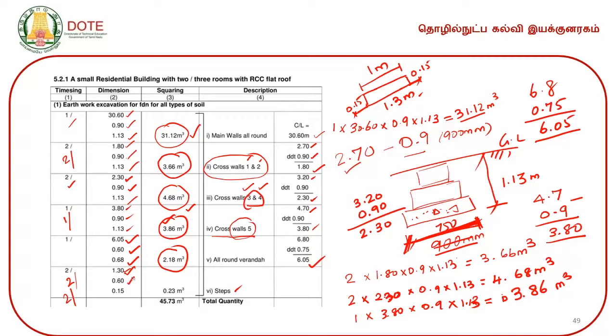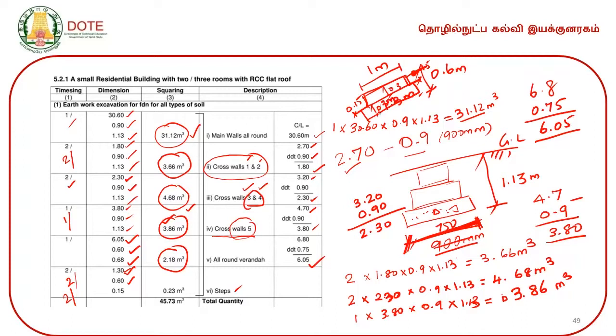Then breadth 0.6. Here we are providing two steps, one here, one here, so the breadth from here to here is 0.6 meter, 0.3 meter plus 0.3 meter.